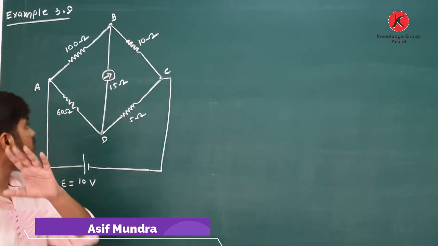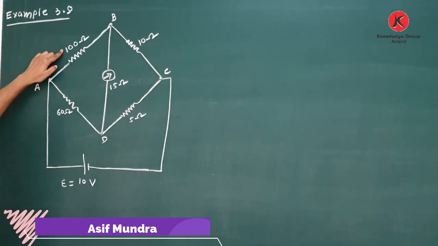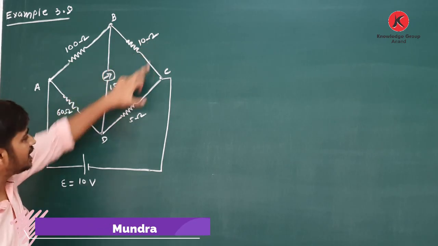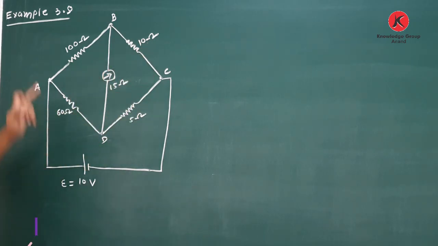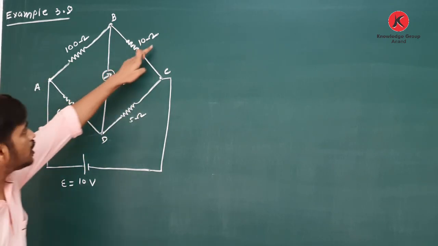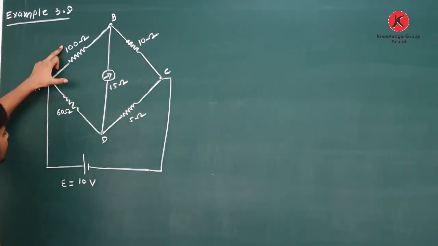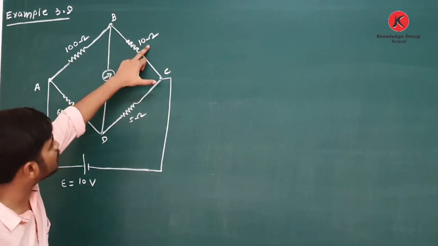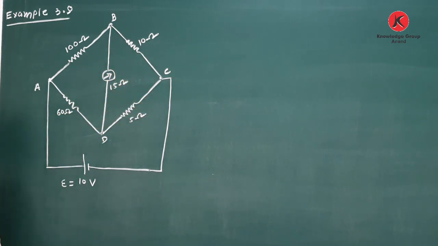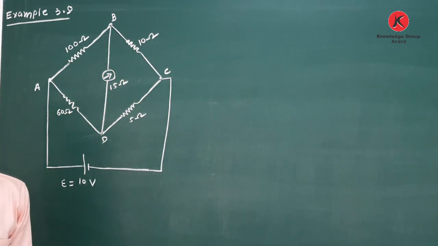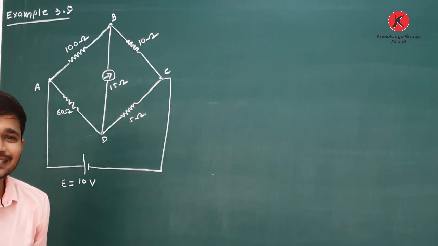Why not in balance condition? See, it is R1, R2, R3 and R4. Is R1 upon R2 equal to R3 upon R4? No. Here R1 upon R2 is not equal to R3 upon R4. Means Wheatstone Bridge is not in balanced condition.